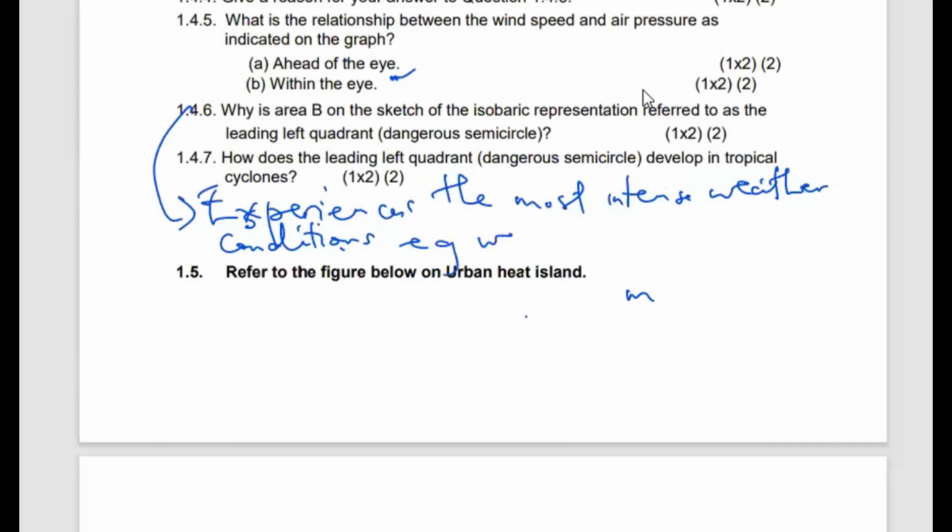We can talk of very strong winds. Right, why does it experience this? Why is it worst in that area?